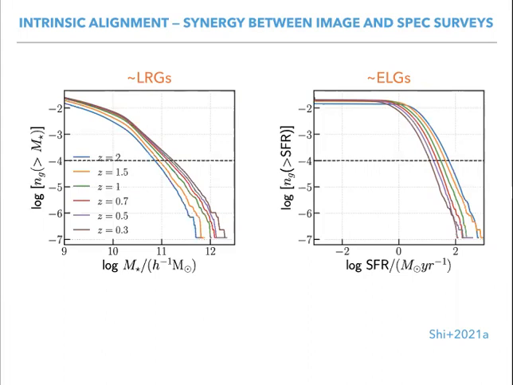I think in some semi-analytical models, they found that ranking the star formation rate for emission line galaxies kind of agrees with the emission line strength selection. So it's not a very accurate selection, but should be okay.